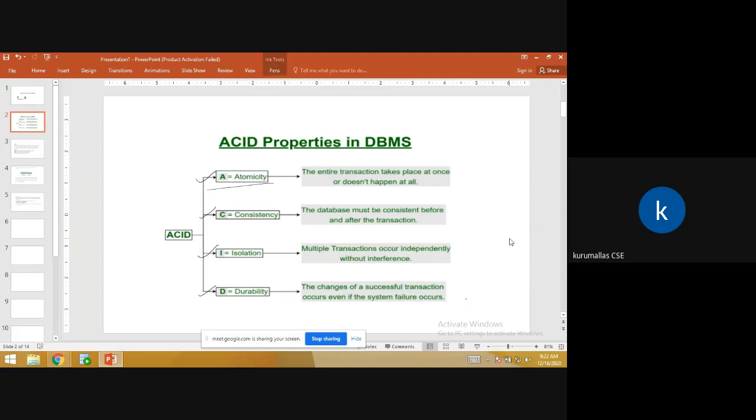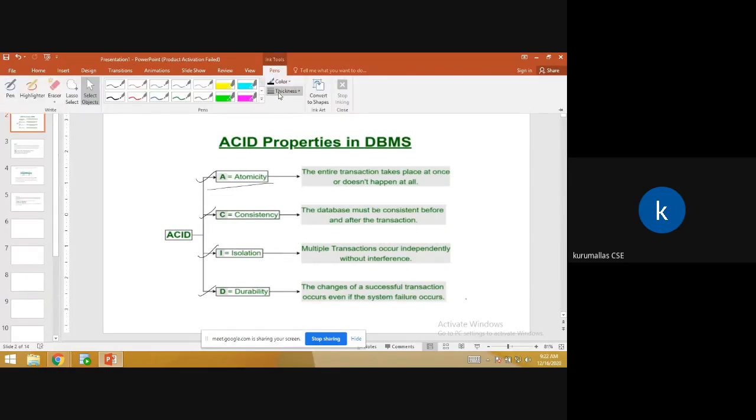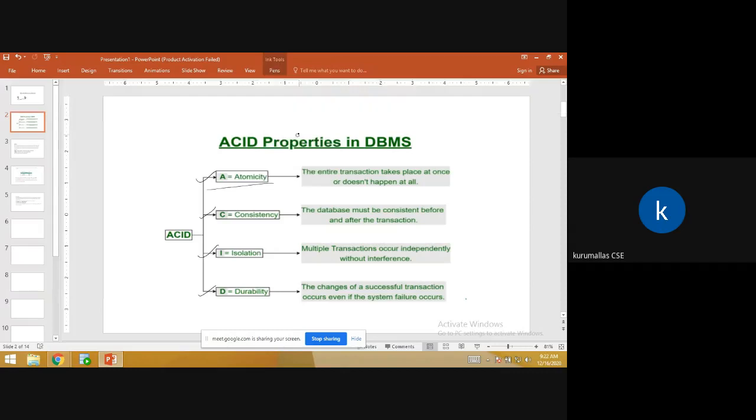That is about isolation. Next, durability. The simple definition of durability: the changes of a successful transaction persist even if there is a system failure, right? So here the transaction is the unit of recovery.